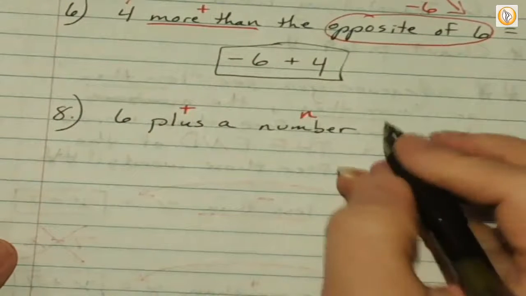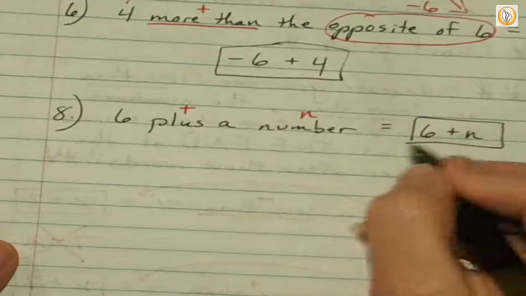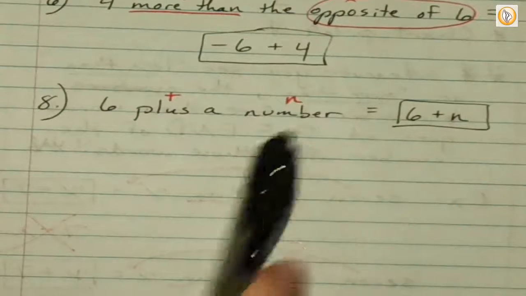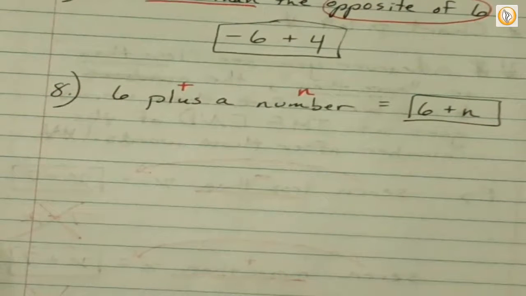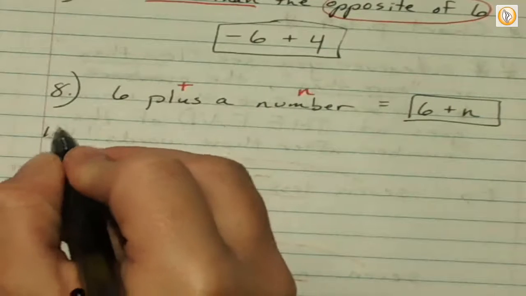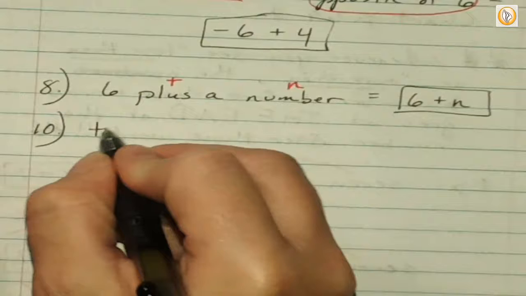So then what's my answer? 6 plus n. Very good. Do y'all understand why she called number n? If you want to call it x, you can call it x. It can be anything you want. All right, number 10.